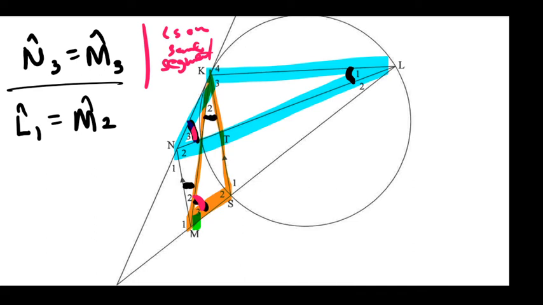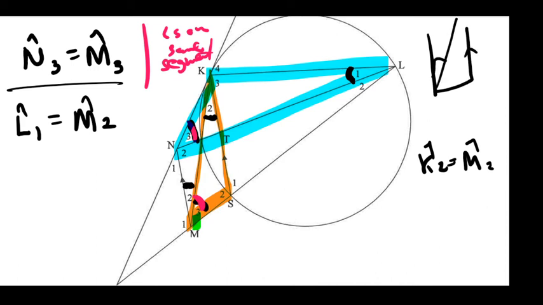What's critical first is that angle K2 is equal to angle M2. The reason for that, if you take a look, we're having something like this, parallel, parallel, and then there's a line going like that, and then the 2 is here, and the 2 is here. Oops, I made a mistake.